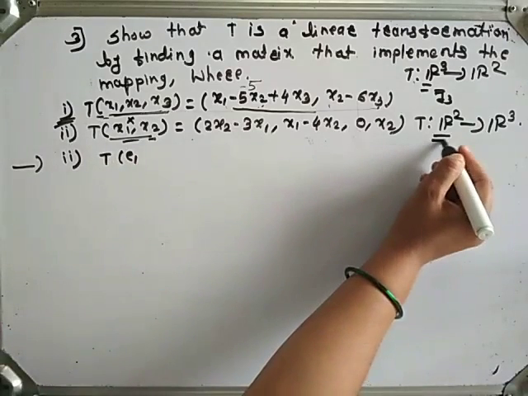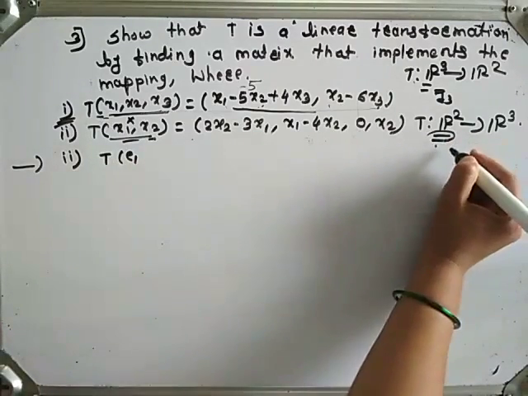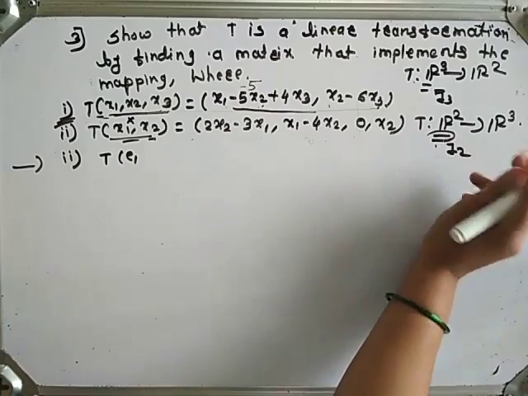Here we require 2 columns of the identity matrix I2.